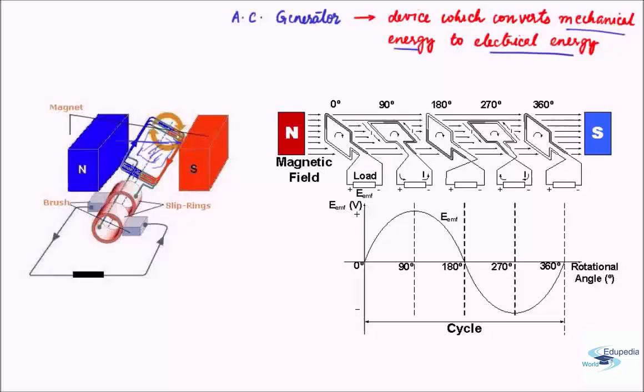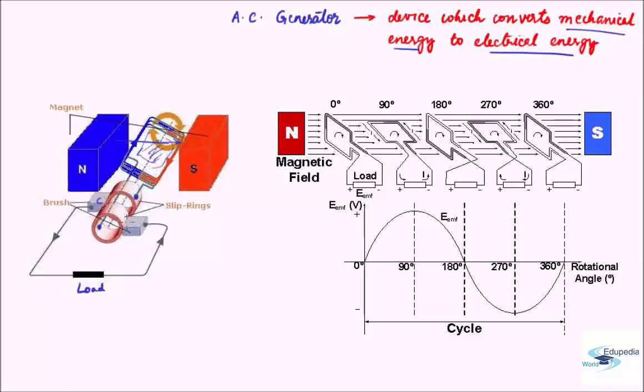One end of the copper wire is attached to this slip ring over here, and the other end of the copper wire is attached here. Now this slip ring is connected with a carbon brush, and that gives connection to the load. This is the load that will consume the power that is being generated.